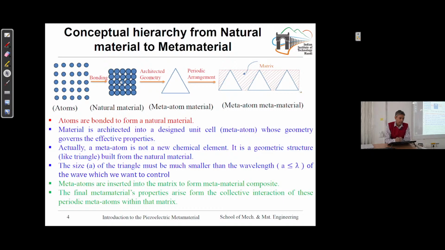Now, this material can be used to form a shape. That shape may be triangular, it may be a hollow triangular shape. And then we can arrange this material in the triangular form in a matrix.